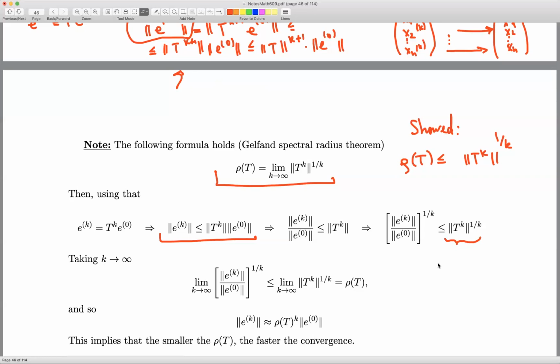And we can take the limit as k goes to infinity of this quantity.